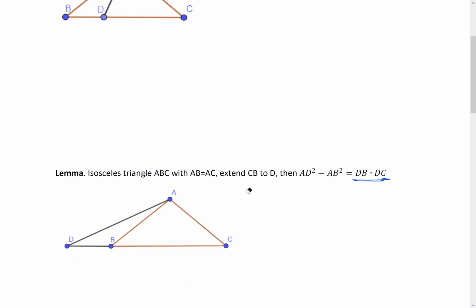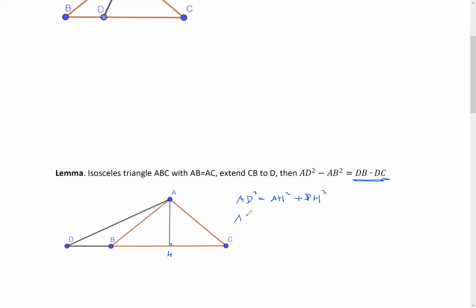And to prove it, we're going to apply the same simple approach. You draw a height. AD squared equals AH squared plus DH squared.